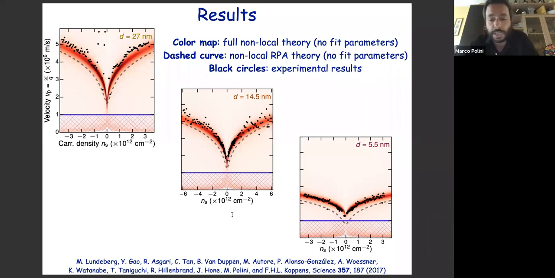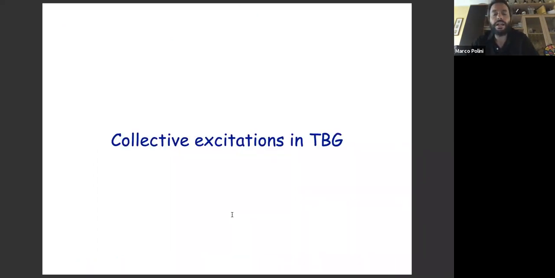But I will mention these later with more detail. Okay. So let's now enter into the main part of the talk, and let's see what we expect for when you apply this nanoscopy tool to twisted bilayer graphene.